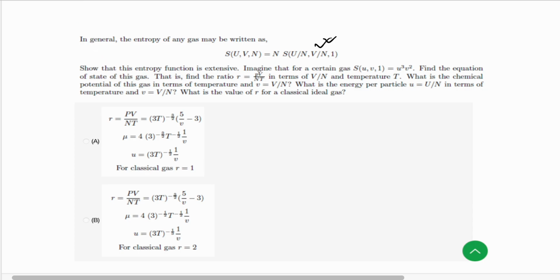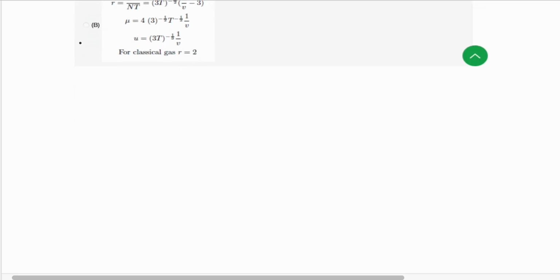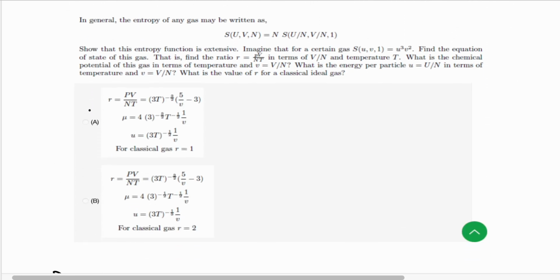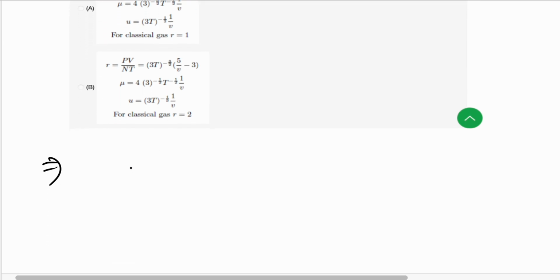Now what is asked? It is asked to show that this entropy function is extensive. So let us show that explicitly. Let us see the extensiveness of this entropy explicitly.